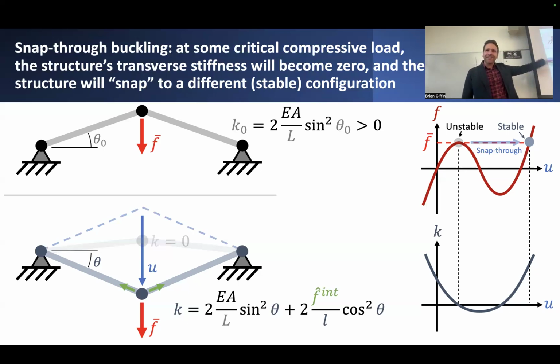But what's interesting is that after snap through occurs, you revert into, again, a stable configuration of the structure. And if you were to continue to load it, you would notice that the stiffness of the system will now continually increase, because not only is the system in tension rather than in compression as in its previous vertical arch configuration, you're also increasing stiffness just by changing the orientation of these members to be further away from parallel.